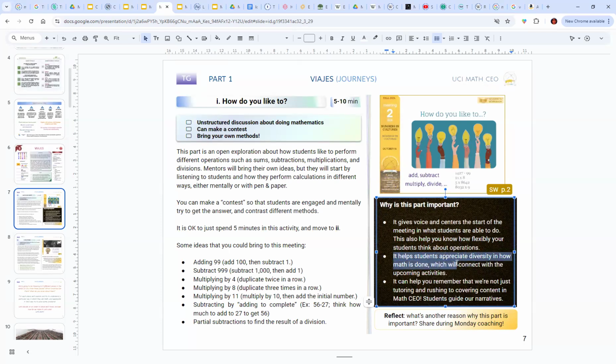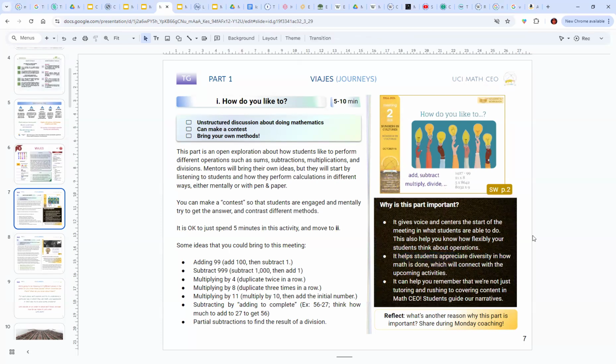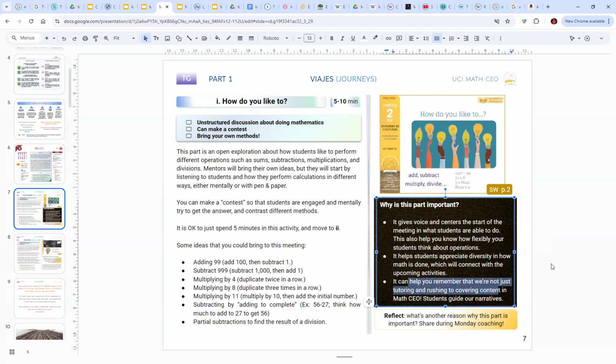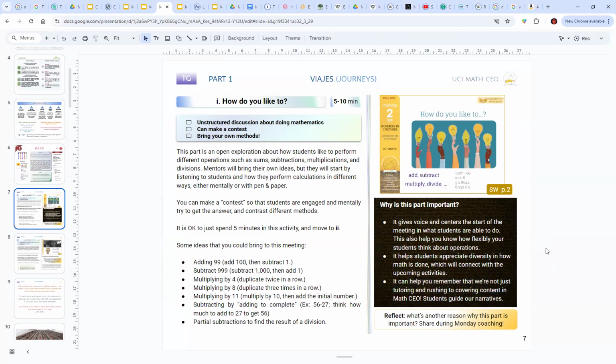So we're not imposing just one way, the efficient way, but it's more like inviting them to share what they like to do. And that's what we'll do when we get to the cultures. And also help you remember that in Mathsio, we don't tutor really. We can mini lecture, but not tutor the whole time. And we don't rush to covering content. It's more like students guide our narratives and we go deep, just kind of negotiating with how students are doing. Okay, so that's important.